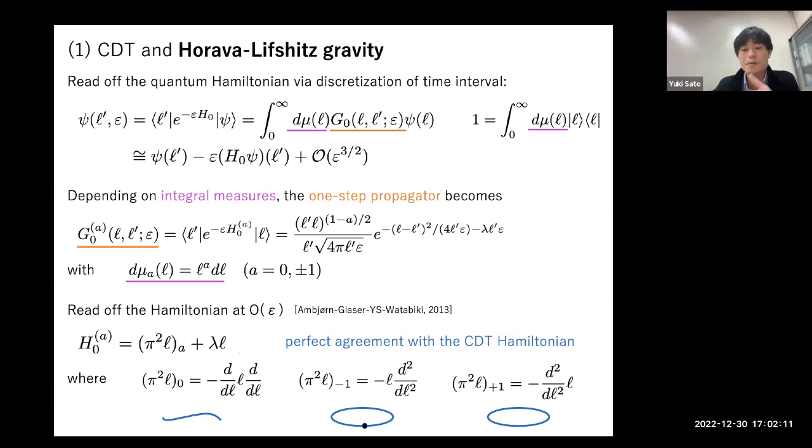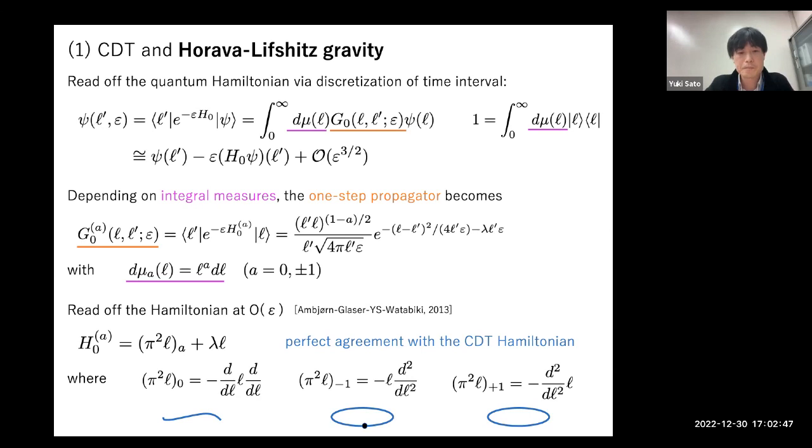Usually people do this to make the combinatorics easier, but this is just a technical thing. Anyway, all three Hamiltonians obtained in the CDT can be reproduced in the Horava-Lifshitz case once it is quantized. So by this agreement, we can say that CDT can serve as a good regularization for the 2D projectable Horava-Lifshitz quantum gravity.